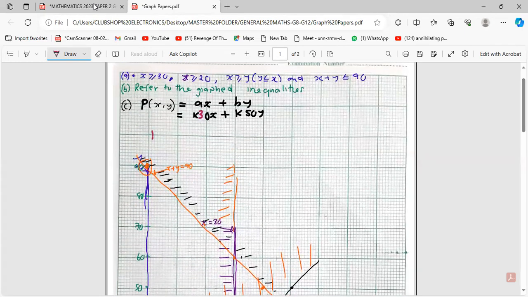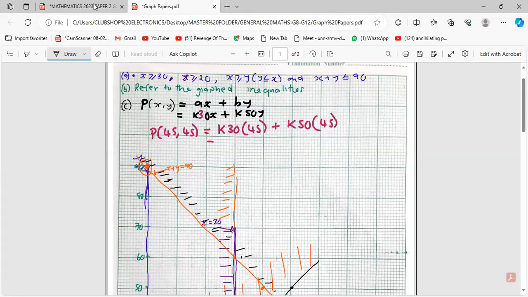All right, so you say profit equals 30 by 45 plus 15 by 45. So you work out this.